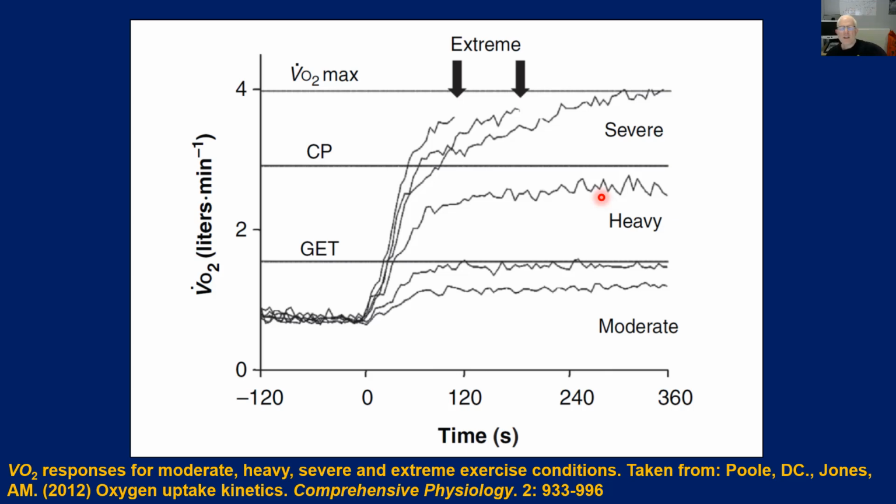But then we have this third domain referred to as severe. The upper boundary is VO2 max, the ceiling for cardiorespiratory physiology. But the boundary between heavy and severe is demarcated by what is called critical power, which we'll cover in another session. But critical power is the same as what we have previously learned as respiratory compensation point or maximal lactate steady state.